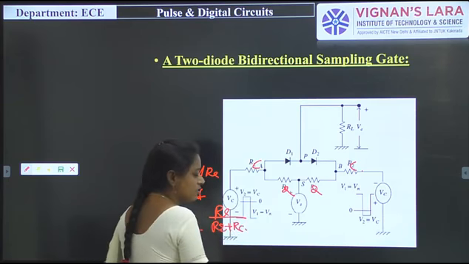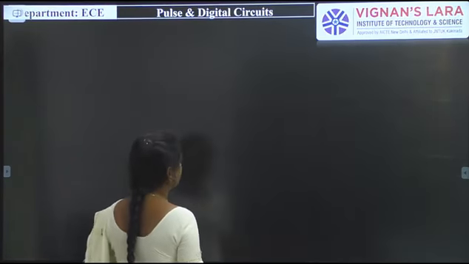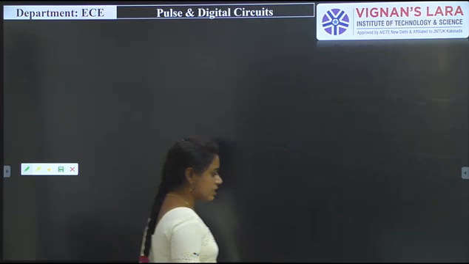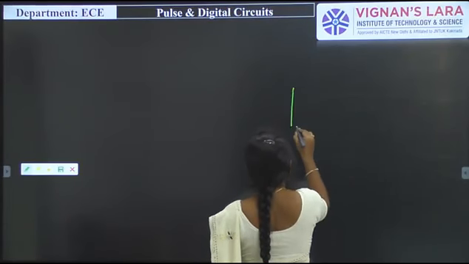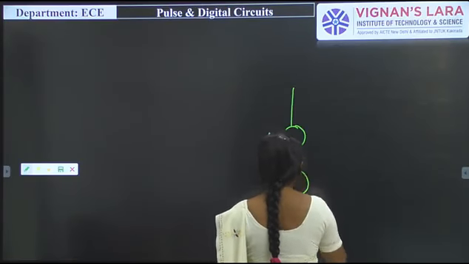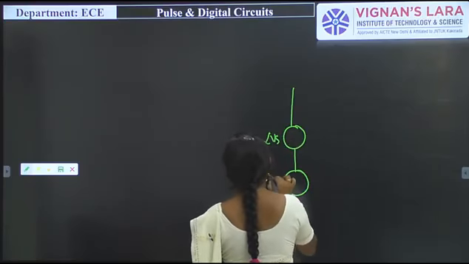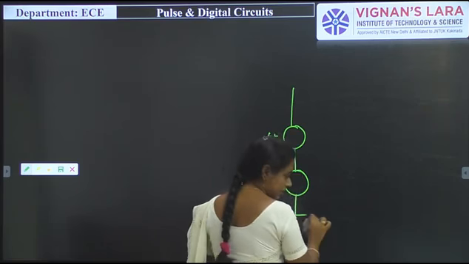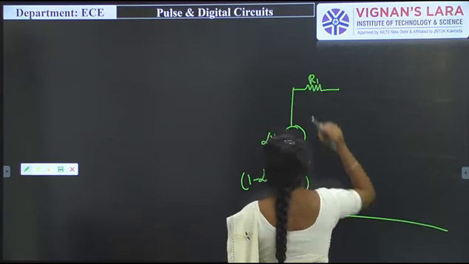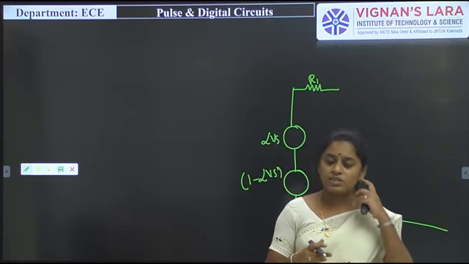So let us take these things from this diagram and redraw this diagram like this. Here I am taking alpha Vs, and here that one is 1 minus alpha into Vc, or 1 minus alpha Vs. This one I am taking as R1, and the diodes we have can be replaced with a voltage, that is V gamma.